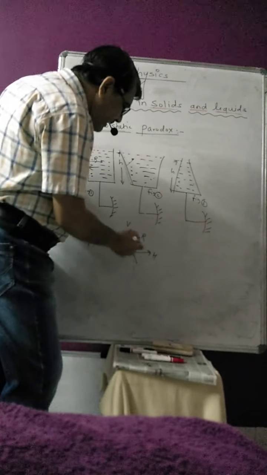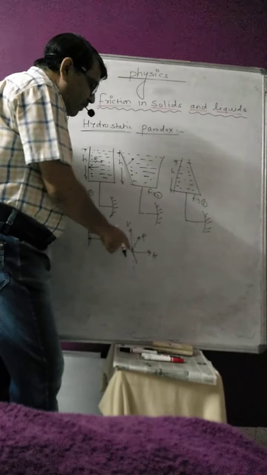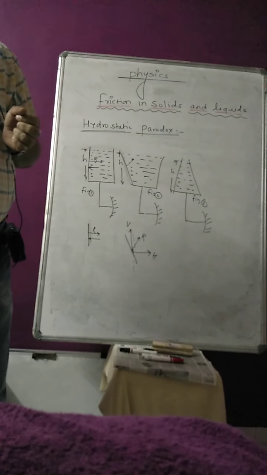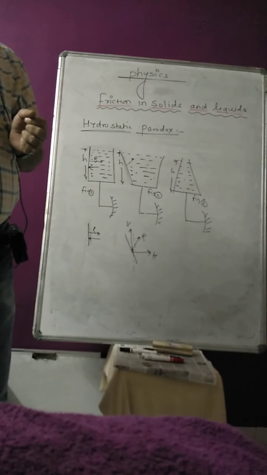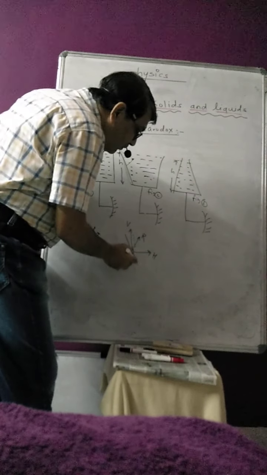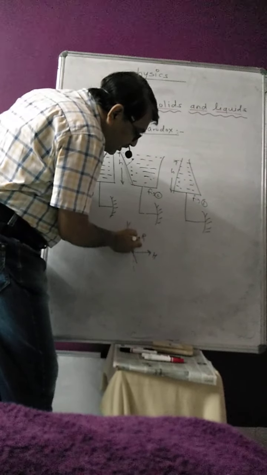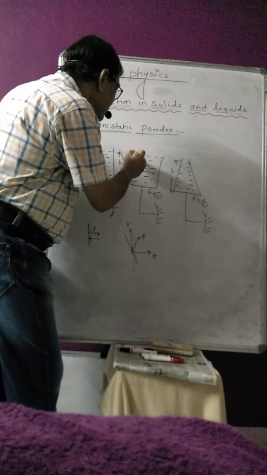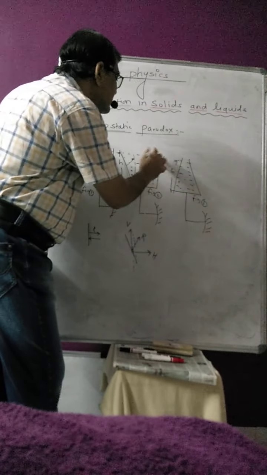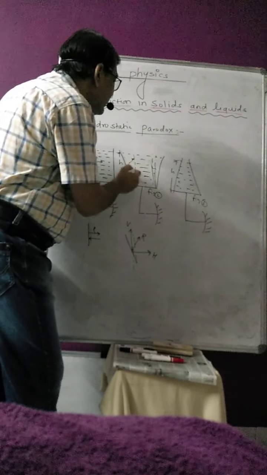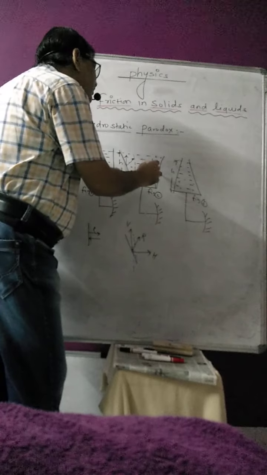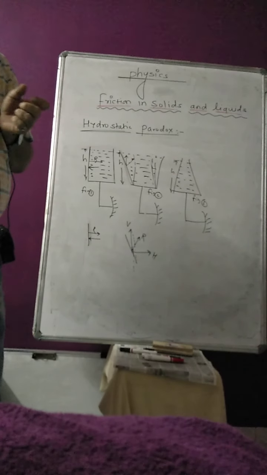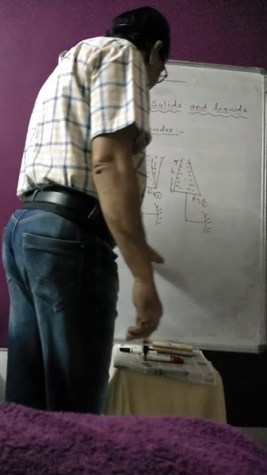But there is an extra amount of liquid here, so the vertical component of the reaction reduces the downward thrust on the base of the container.